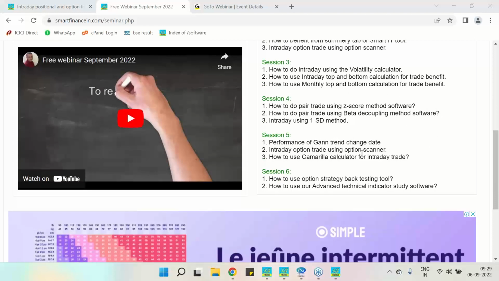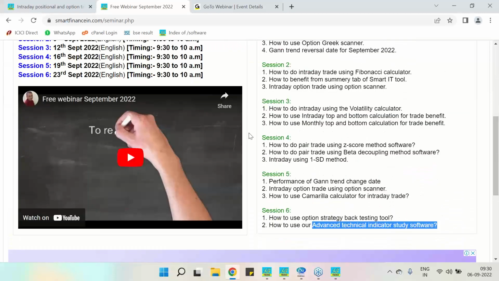On the 6th session, you will learn the option strategy backtesting tool, and the advanced technical indicator software also. We will be demonstrating how to work on these tools on the 6th session. So this is how the 6 sessions have been devised this time.